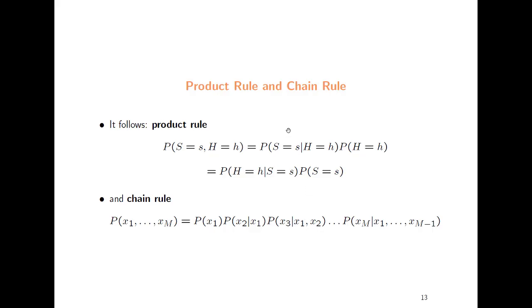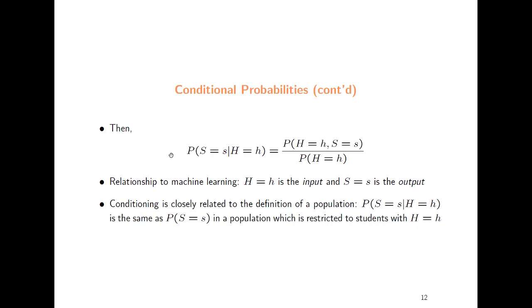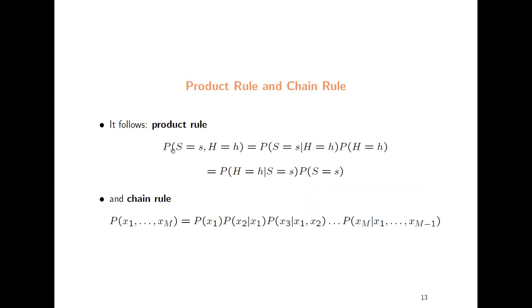And from the definition of the conditional probability, I get another important result. So let's just multiply both sides here with P of H. Then I get P of H, S is equal to P of H times P of S given H. And so this is called the product rule.